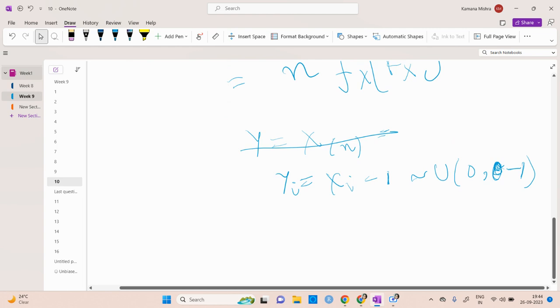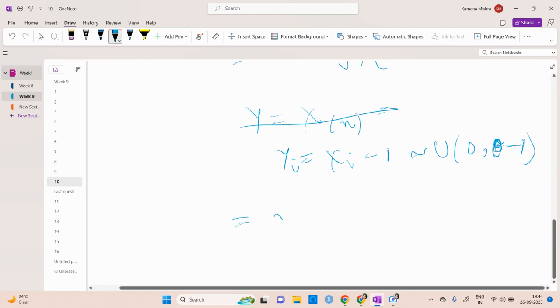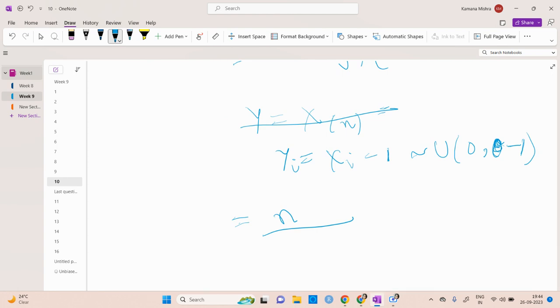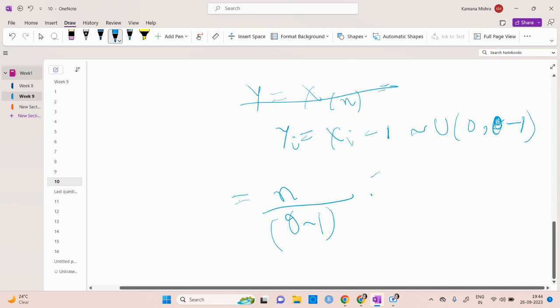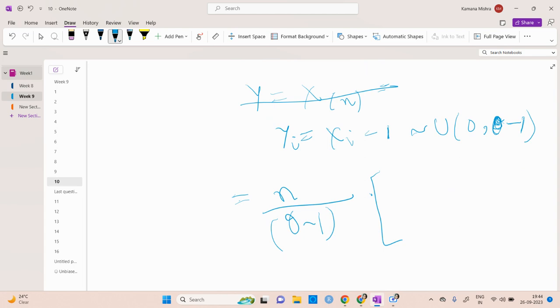So fx is what? In the usual form, it is 1 upon b minus a, so it will be 1 upon theta minus 1 minus 0. You can do it in either form, right? So it is n upon theta minus 1. And then capital Fx is x to the power n minus 1 divided by theta minus 1.